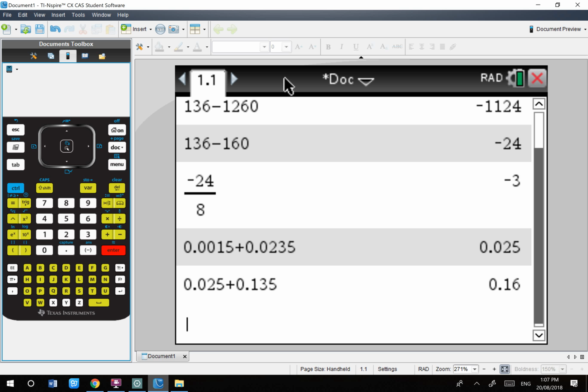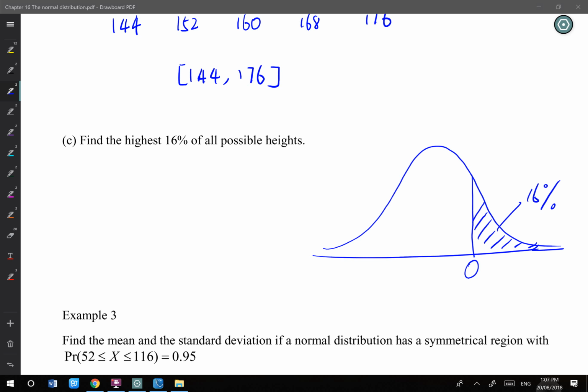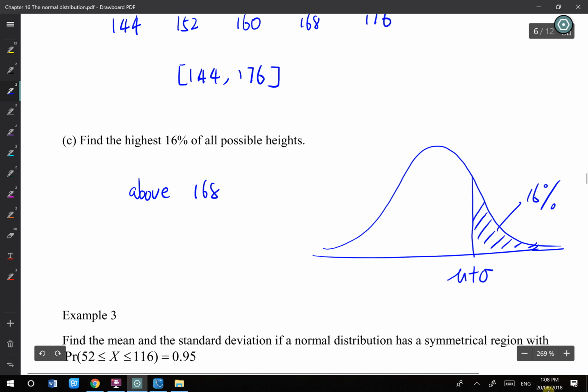So 16% is how many standard deviations? Mu plus 1 sigma, right? It is 1 standard deviation away from the mu. So it is actually above 168 centimeters. 160 is here.